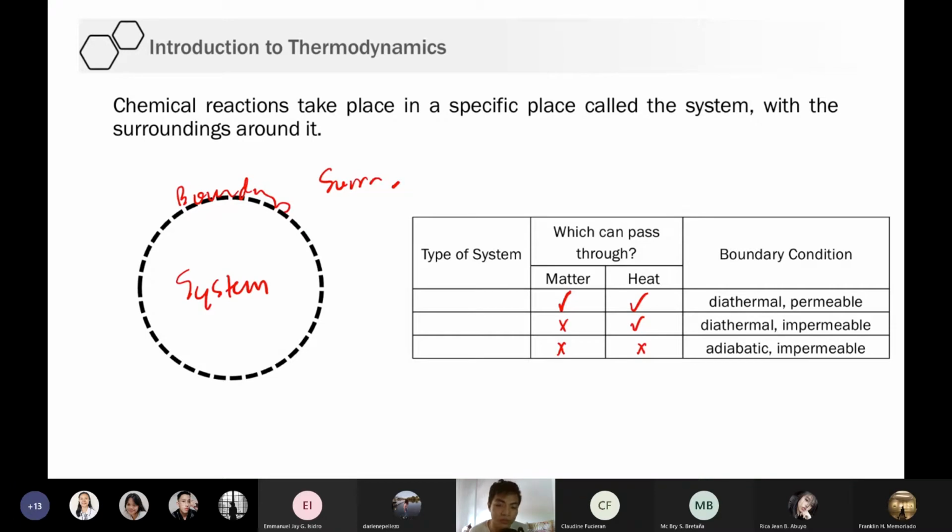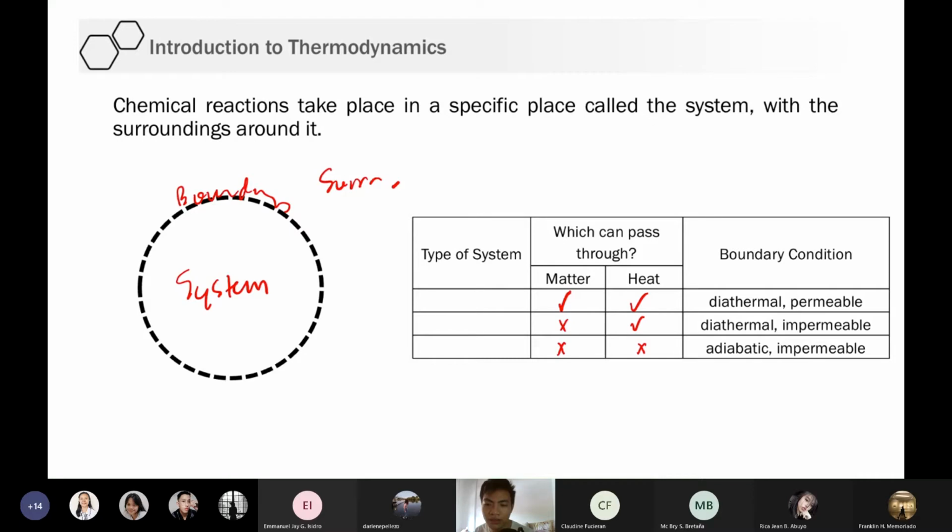Confined lang sila sa loob ng system. Ang example nun, o yung baso mo, takpan mo. Patungan mo ng aluminum foil o kaya patungan mo siya ng yung saran wrap, no? Yung pinambabalot sa food. Yan, patong mo yun doon. Yun. So, ibig sabihin, magiging siya impermeable.